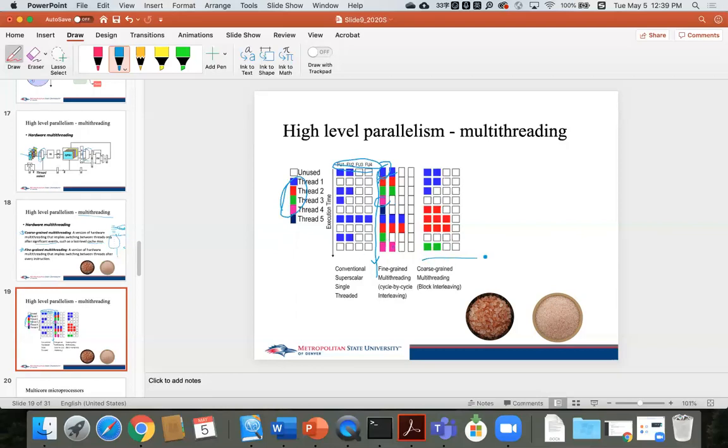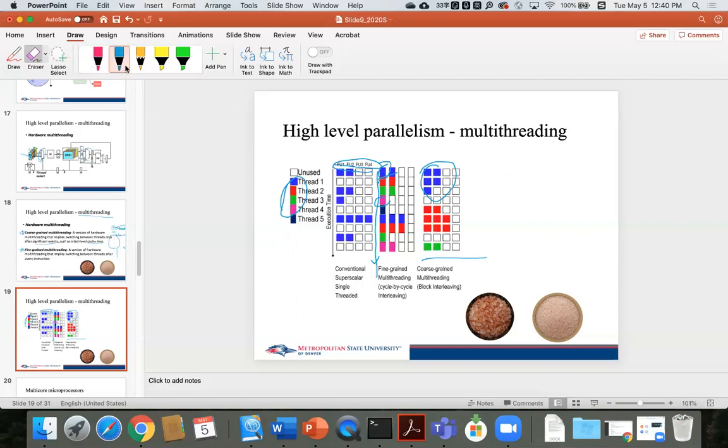And the coarse-grained here is you finish one piece of one detailed task, or one piece of a few events inside the current thread, and then switch to another thread.